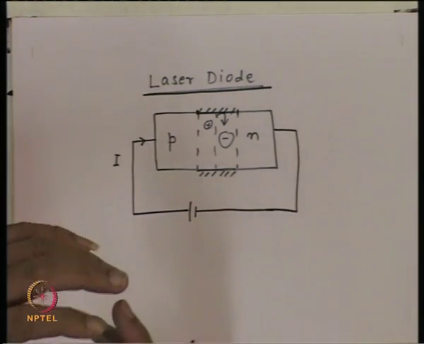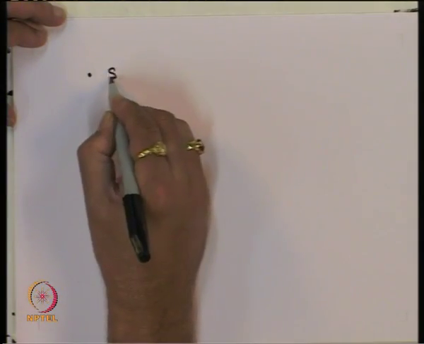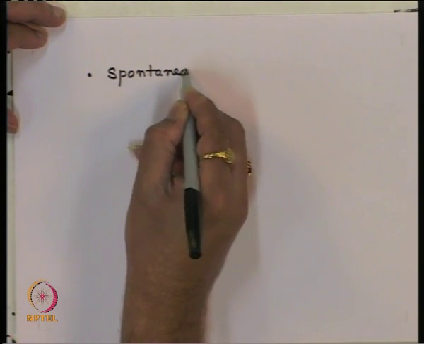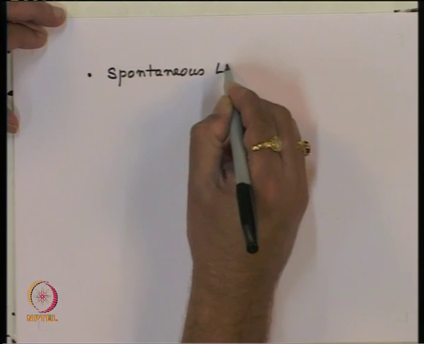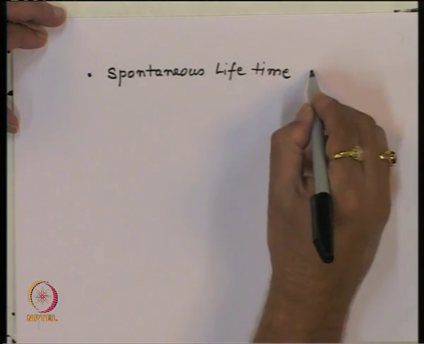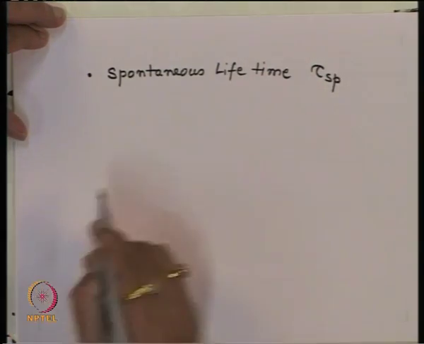So, at low currents, when the stimulated process is still not started, the carrier lifetime will be decided by the spontaneous process. So, in fact, in this device we have 3 lifetimes. One is the spontaneous lifetime of the carriers, this is tau spontaneous.